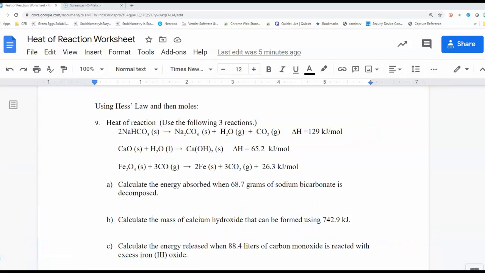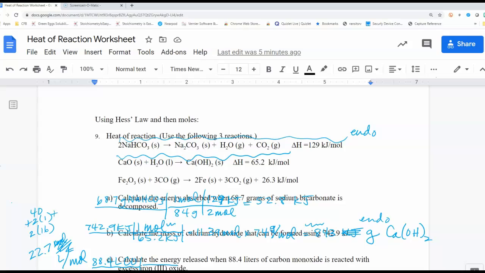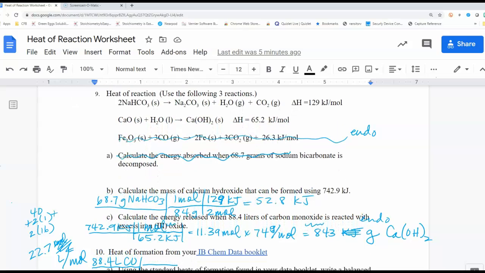sure we calculate correctly. Okay, so let me make sure that we recognize that the 22.7 is actually written as liters per mole. Okay, so let me change my perspective here so you guys can see a little bit more of what is going on.